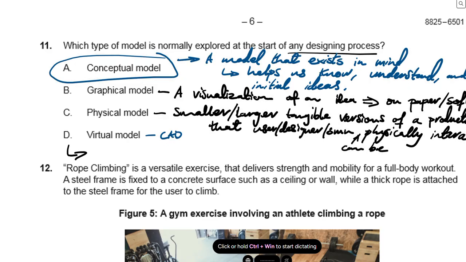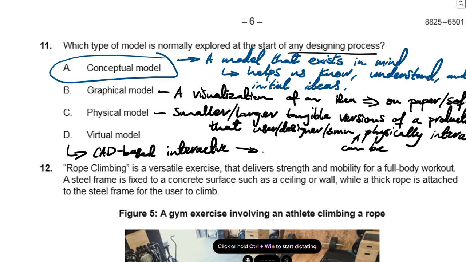And then we have a virtual model that is our CAD based, like we said here, CAD based interactive models, right? When we use Fusion 360, we can move stuff around, we can change everything, we can test it using FEA, we can do all sorts of testing, so that's interactive.